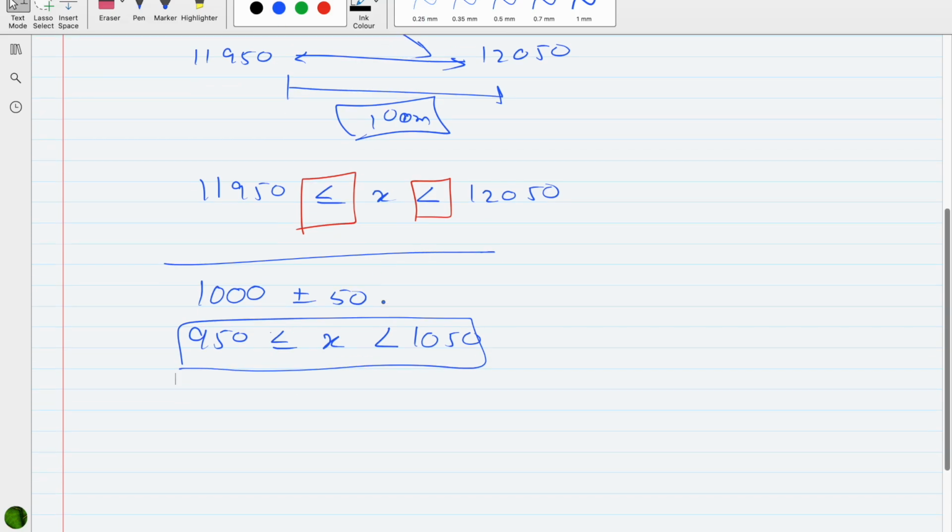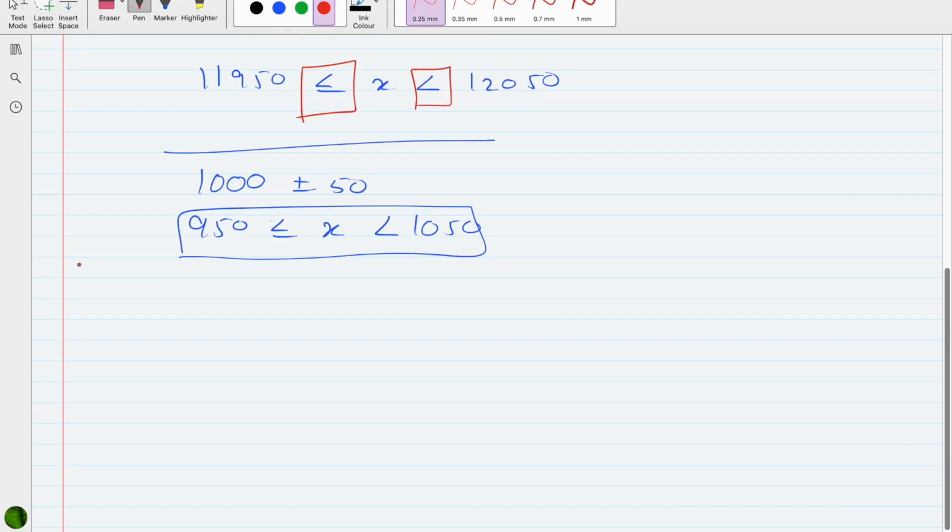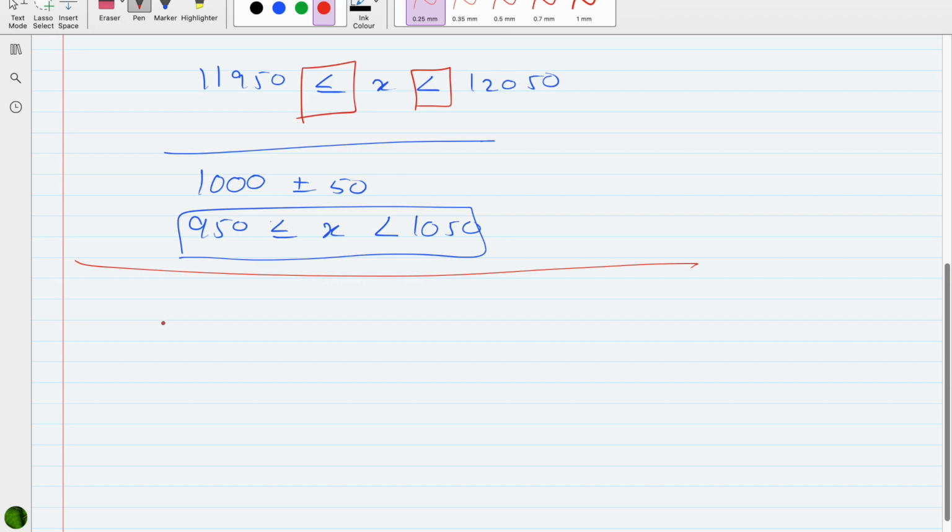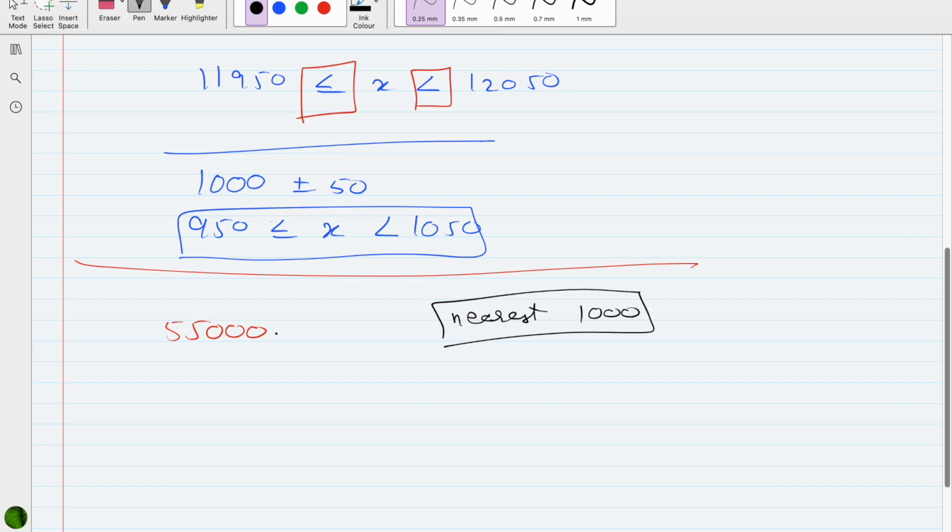For example, we say that there was a football match and 55,000 people attended it, to the nearest 1000. So whenever they say nearest 1000, what do we do? We add and subtract half of it. So plus minus 500. When I subtract 500 I get 54,500.